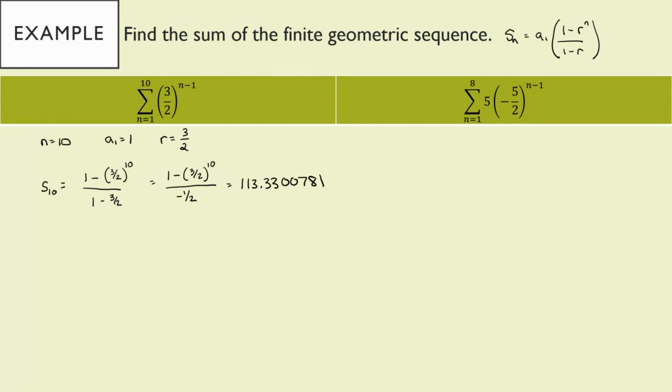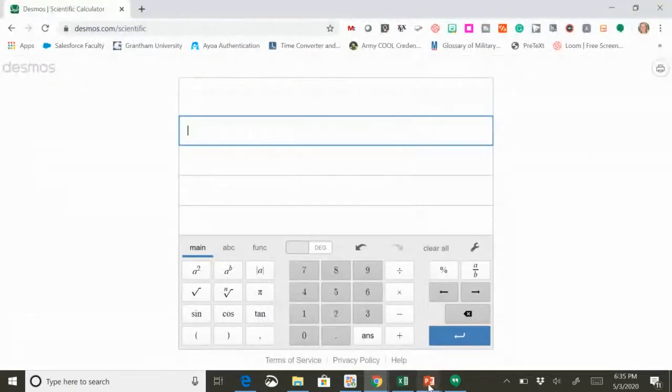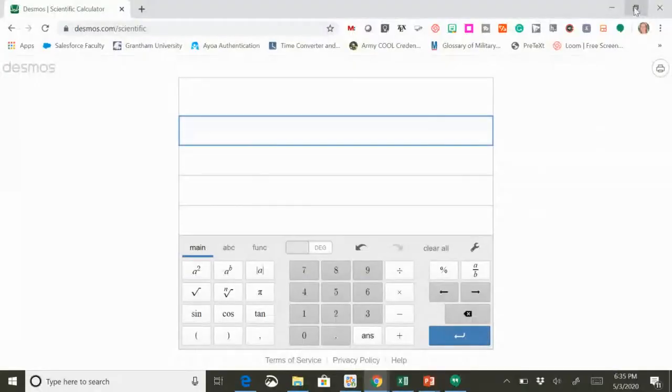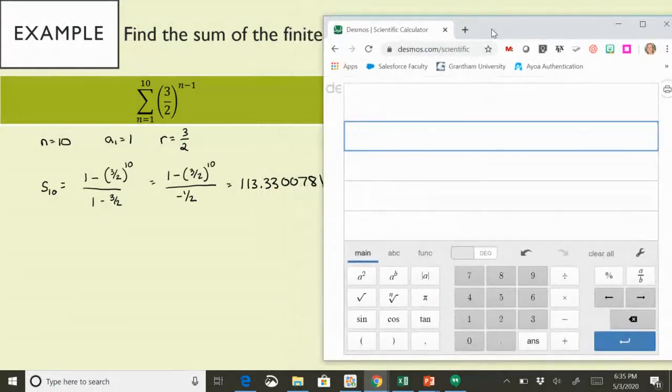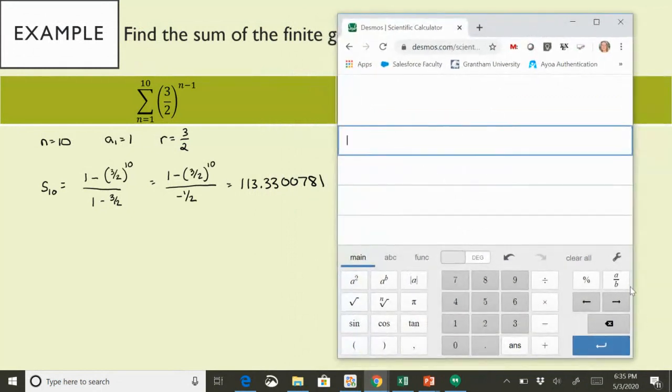And then I'm going to pull up the scientific calculator in Desmos because that is a lot friendlier with fractions. If I have something that I have to do with fractions, I usually use this calculator because it does it a lot easier. So what's really nice is I can do this whole thing.